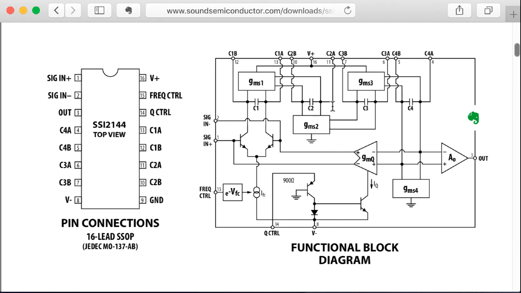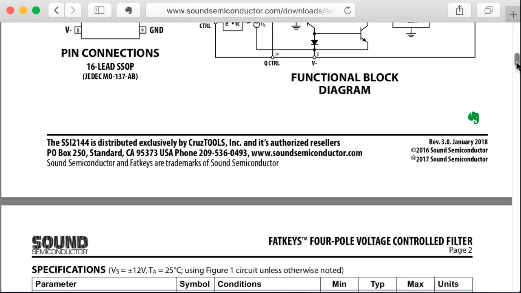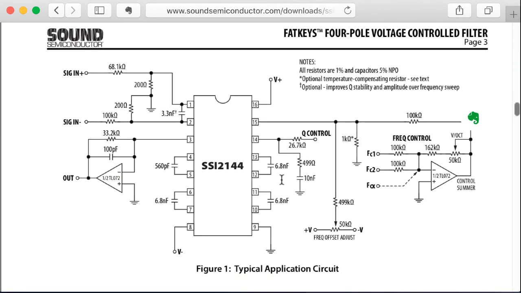So it sort of has this folded differential structure of the Moog ladder, but using OTAs instead of just bare NPN transistors. Now, when you look at the functional block diagram on the datasheet, you'll see these capacitors here, but you're expected to bring your own capacitors and add them to the chip. Like the other chips we've looked at, these are really generic gain control elements.